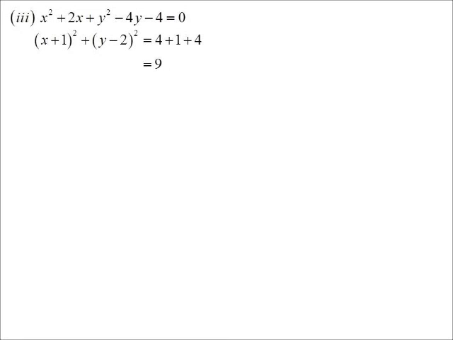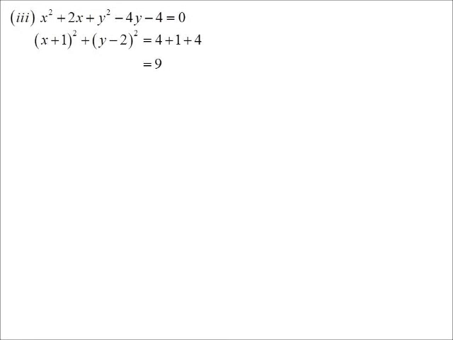So the x one must become x plus 1 squared, half of 2 being 1, and the y one must become y minus 2 all squared, half of -4 being -2. I've completed the square, but I can't just add new numbers in. So I've moved the 4 to the other side, and I've also got to add in 1 squared and -2 squared, so all up we get 9.